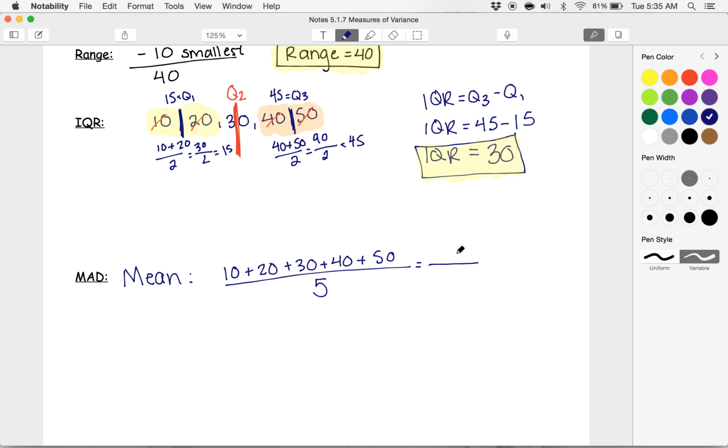So let's add these. 10 plus 20 plus 30 plus 40 plus 50. I end up with 150 over 5, which gives me 30. So 30 is my mean.